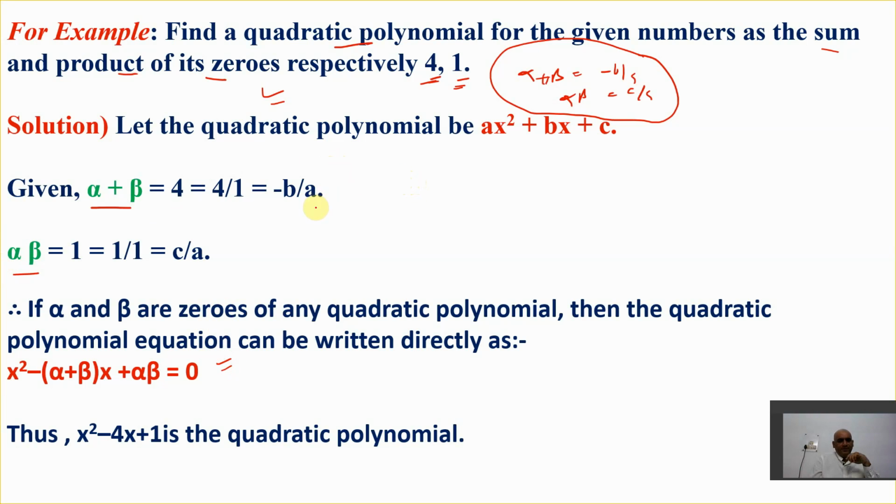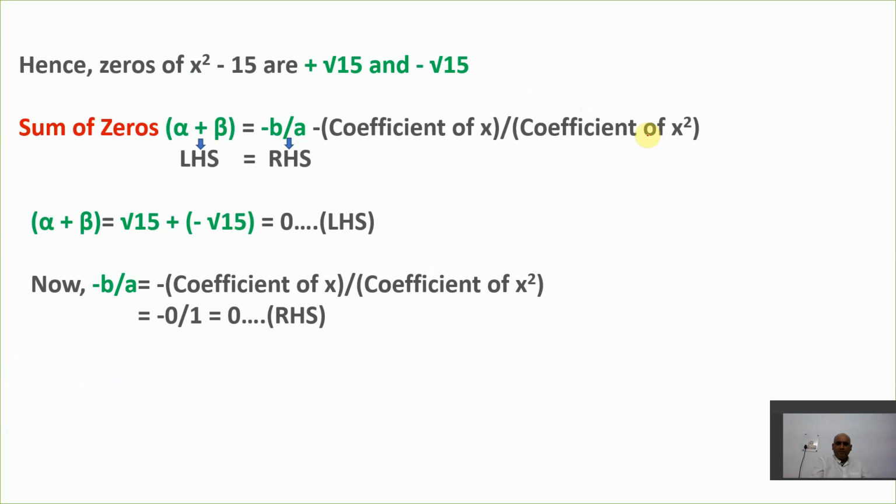See, alpha plus beta is 4 and alpha into beta is 1, right? And this 4 is nothing but minus b by a. We have studied the relationship that alpha plus beta is minus b by a. That means, just now we have studied the formula, no?